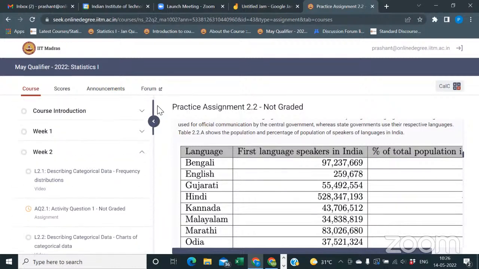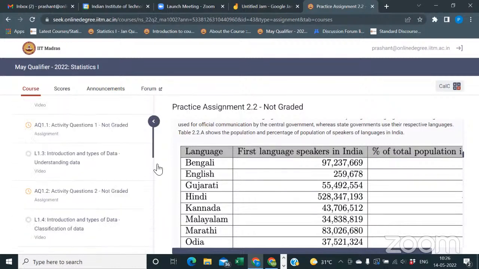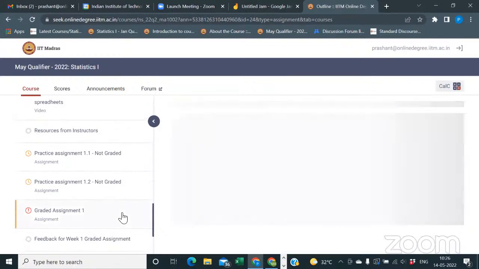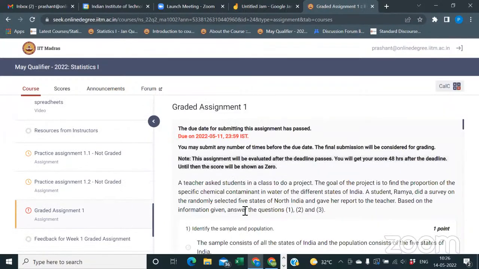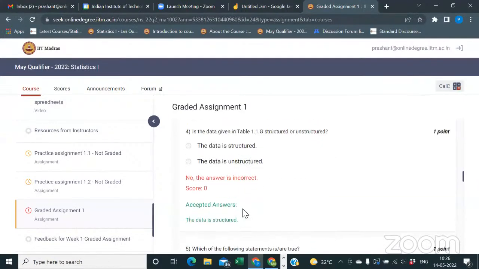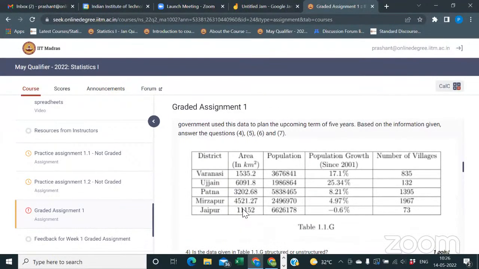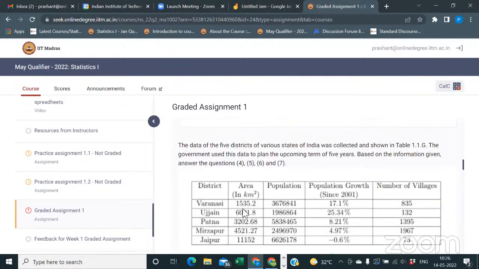In the graded one, there was a question: can you calculate the median for this data set? No, sir, we can't. Why? Because your data is collected for the districts of the various states. The name of the district is just nominal data.